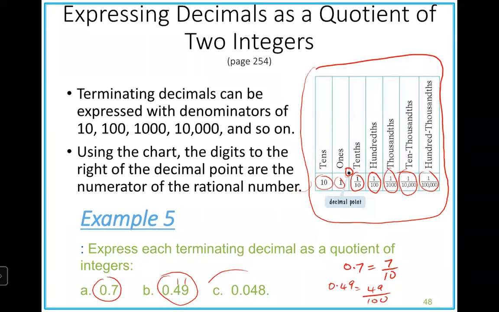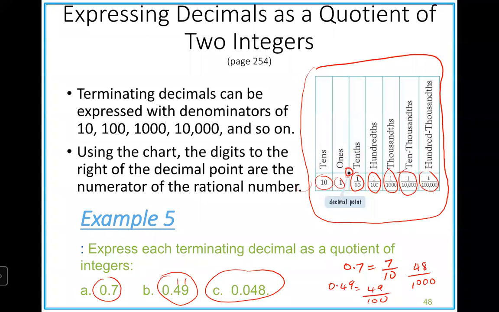Okay, this third one, how many numbers do we have after the point? 3. So how would we write this as a fraction? 48 over 1,000.